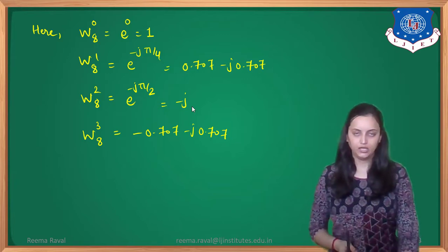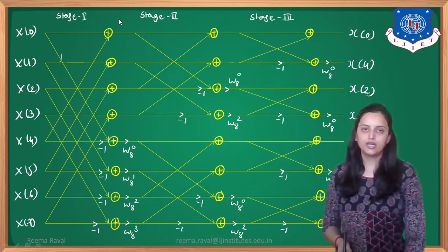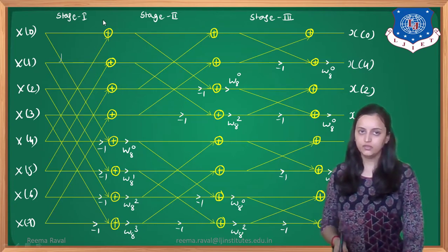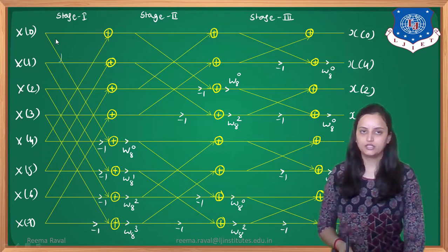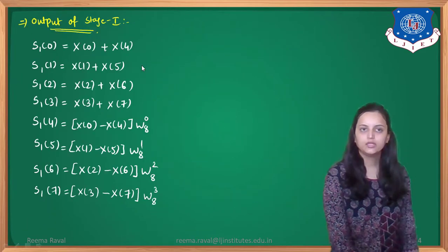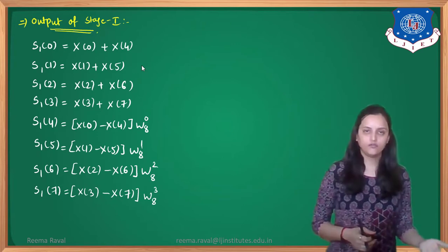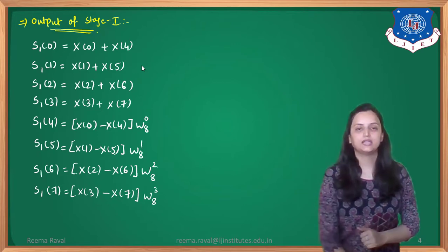Now if we want to calculate the output of stage 1, we are going to denote it as s1. The first input is x of 0 and the second input is x of 4. So the output of stage 1, s1 of 0, equals x of 0 plus x of 4.